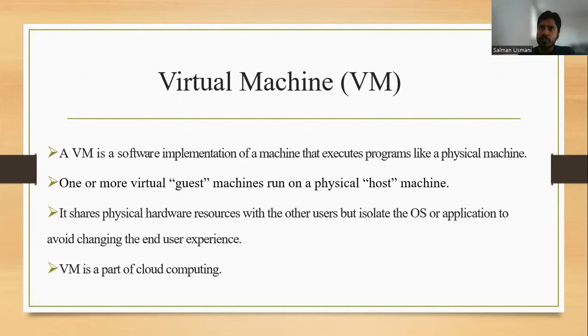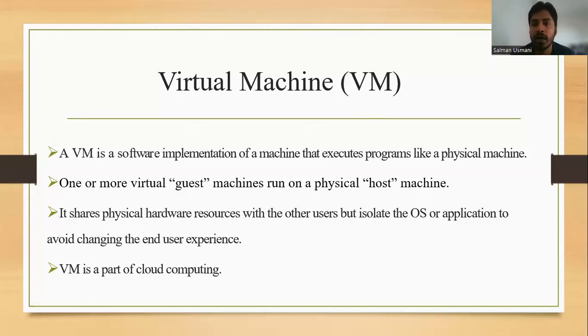But onto that machine you install some software that is purely, you could say, an algorithm. You cannot touch it, but definitely you could see the icon of that machine. So that will act as a guest machine. Now you have a host machine, your laptop, and onto that you install a guest machine, which is purely a software implementation. You could see that, but you cannot touch it. That software implementation is actually the virtual machine.